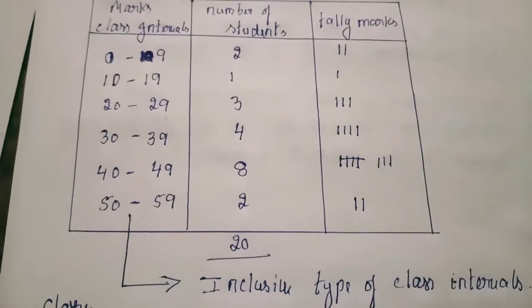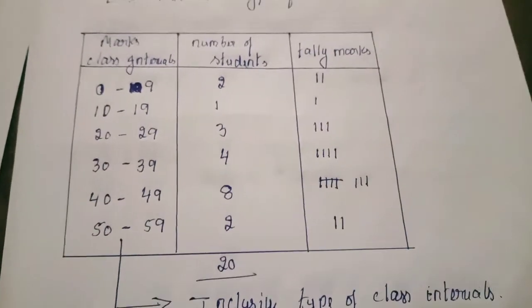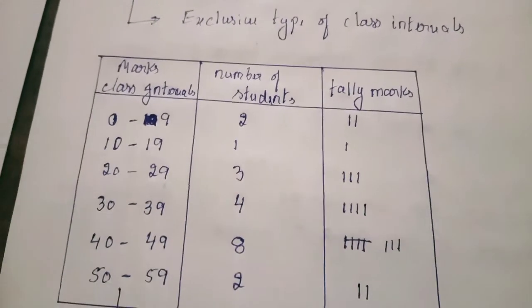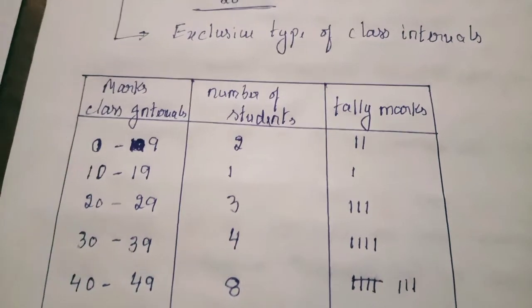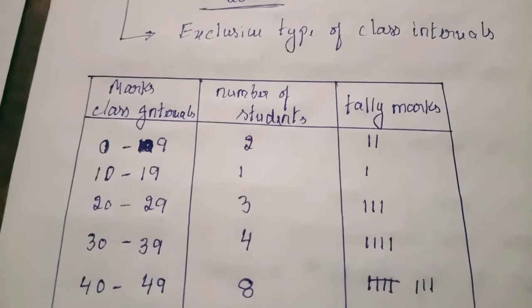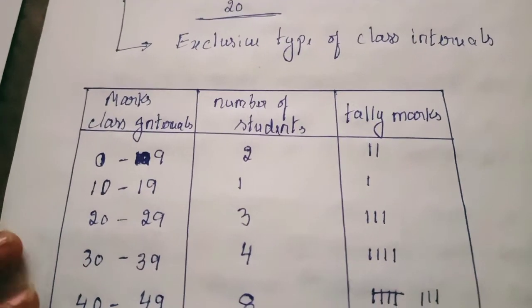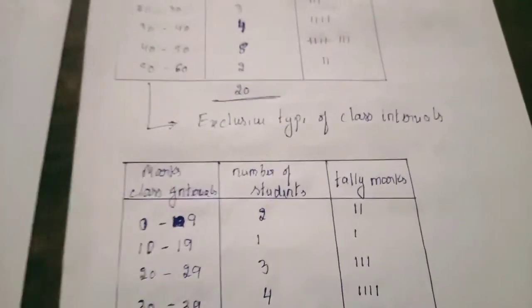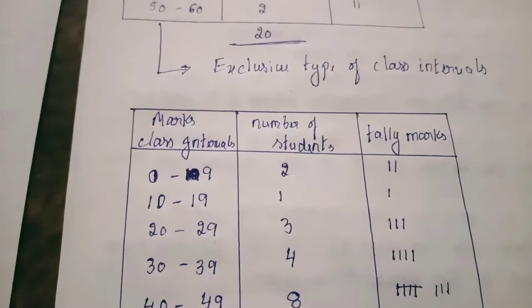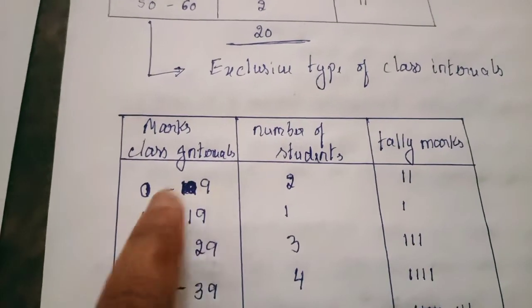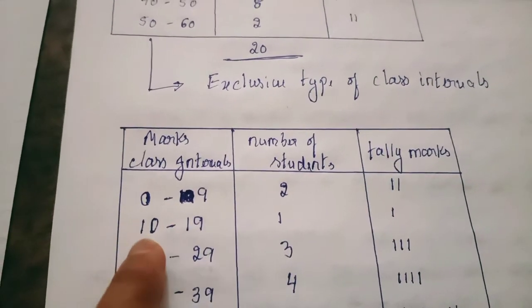So here also the same definition of class size applies. But you might have learned in the lower classes that class size is upper limit minus lower limit. That goes wrong in this grouped frequency distribution table. If I do that, I get 9 minus 0 is 9, 19 minus 10 is 9.